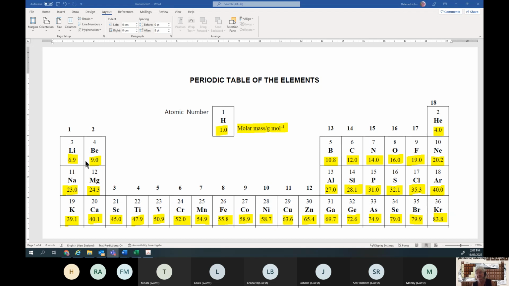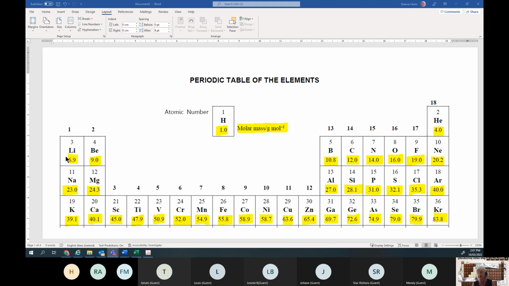Lithium, you'll notice, is 6.9 because most of the atoms for lithium have 4 neutrons. So it's got a total mass for those of 3 protons and 4 neutrons of 7, but some have got only 3, and that's why it's lower.